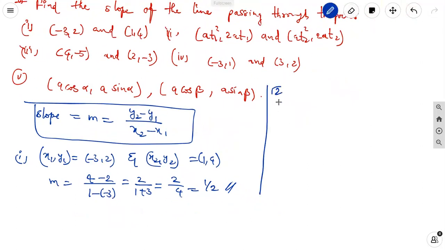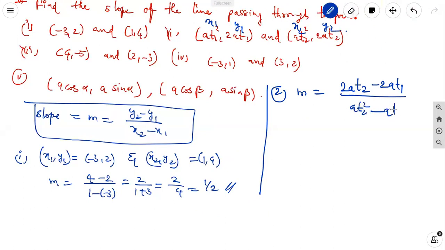Second one, it is x1, y1, it is x2, y2. So m equal to 2a t2 minus 2a t1 by a t2 square minus a t1 square. In the numerator, taking 2a common, t2 minus t1, and in the denominator, a common, t2 square minus t1 square.